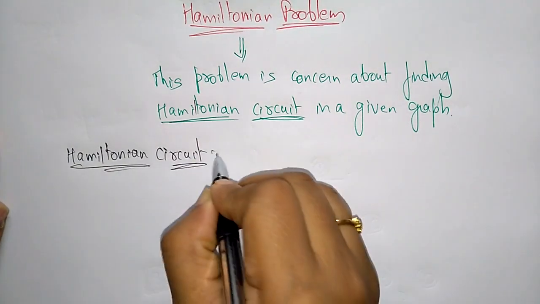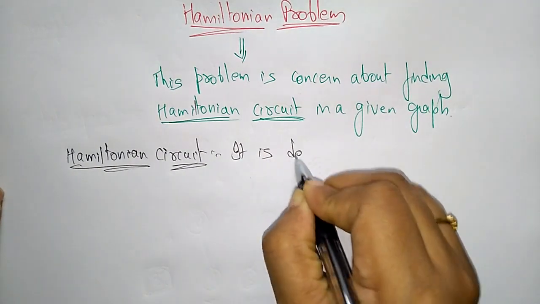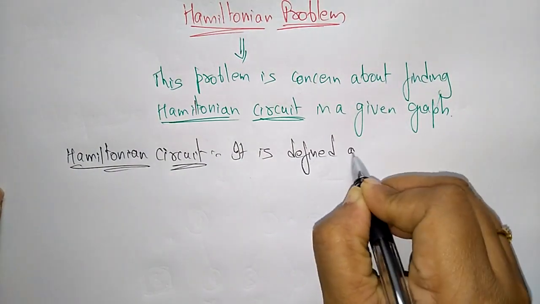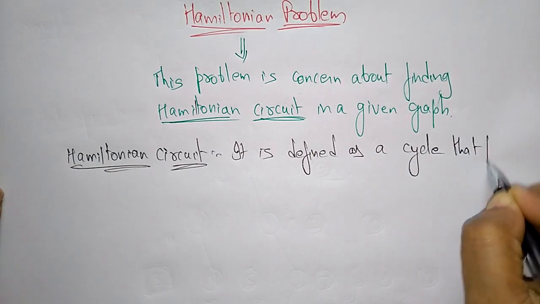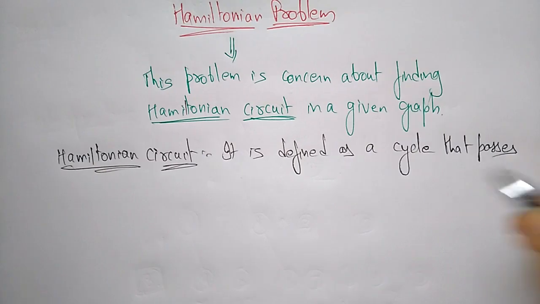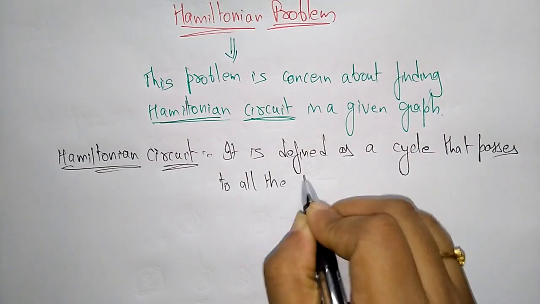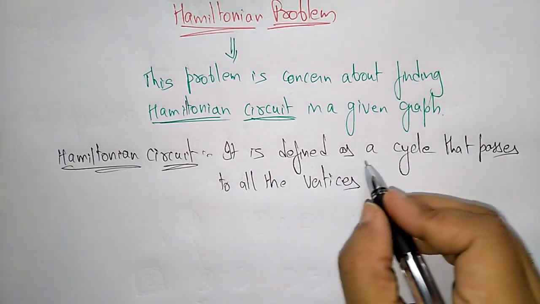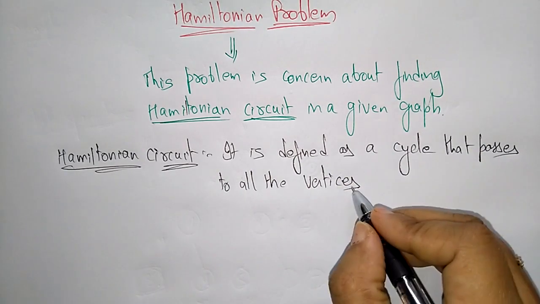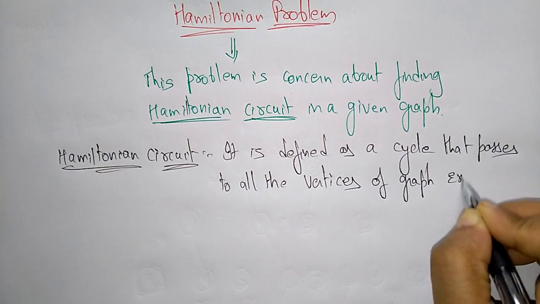Let me define this. It is defined as a cycle that passes through all the vertices of a graph. For whatever vertices are in a graph, it is defined as a cycle that passes through all the vertices of the graph exactly once.